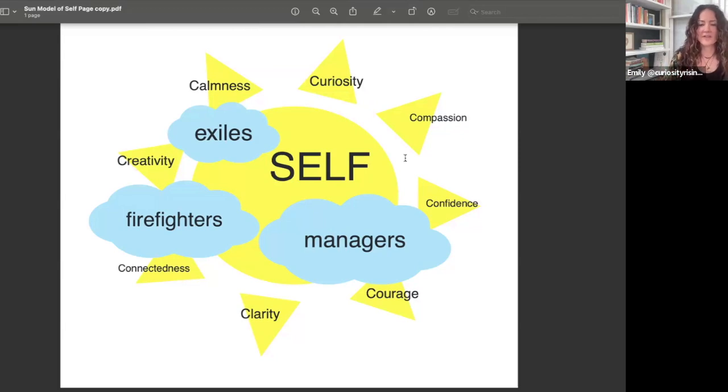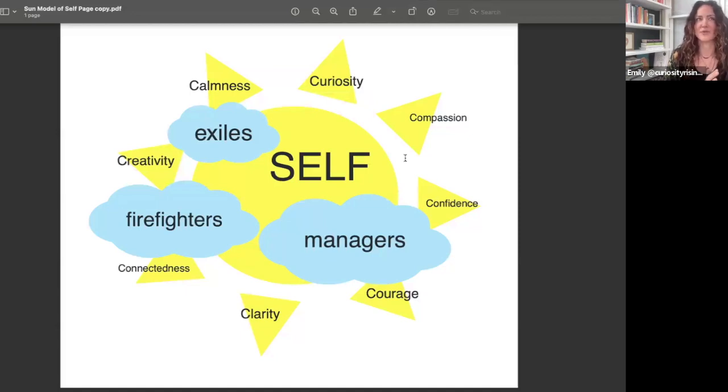The thing about self energy, through this lens of IFS, is that self knows how to heal. Self has this innate healing wisdom inside. It's different than some therapeutic approaches where we think we have to really resource ourselves and build up practices to become more self. This model takes the approach that self is innately in all of us. We all have self.